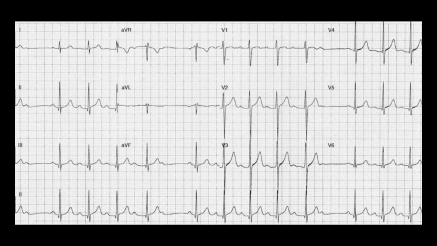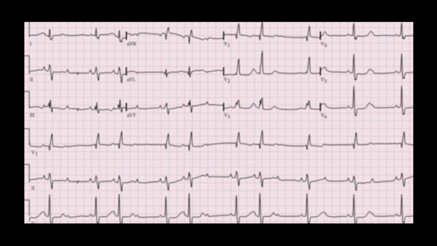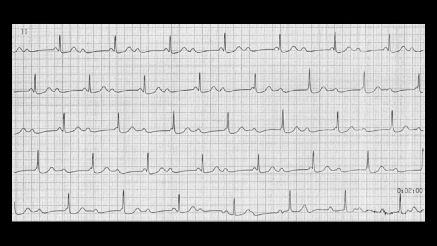Second degree block, or a Mobitz type 1, the PR gradually lengthens and then drops a QRS after that. Second degree block, Mobitz type 2, the PR interval is fixed but there are dropped QRS complexes at random. And a type 3 block, the PR and QRS are completely dissociated.